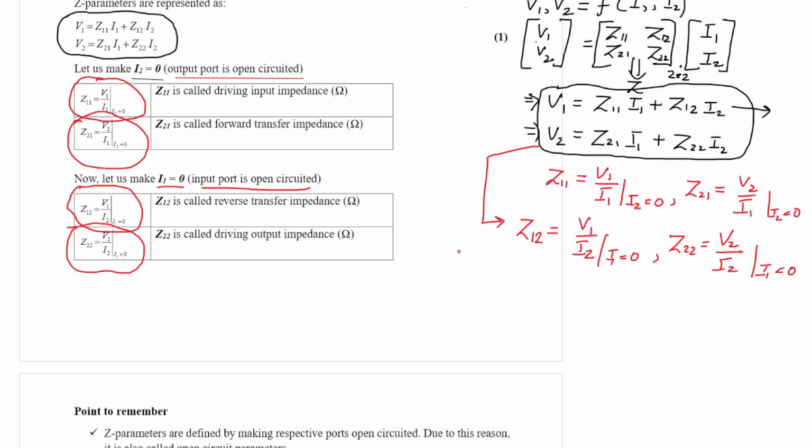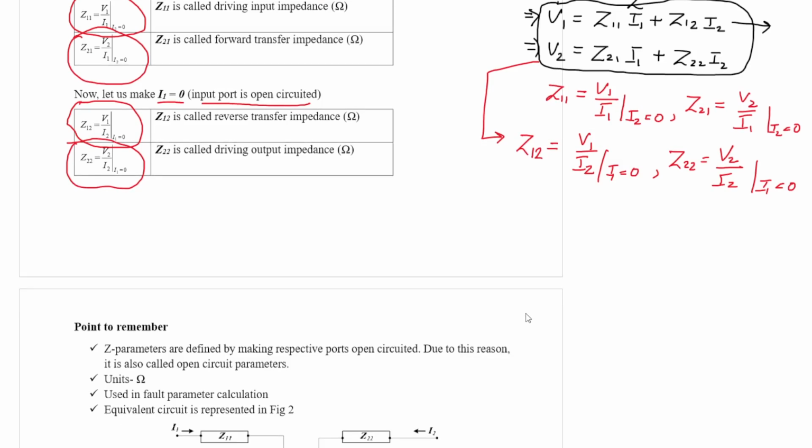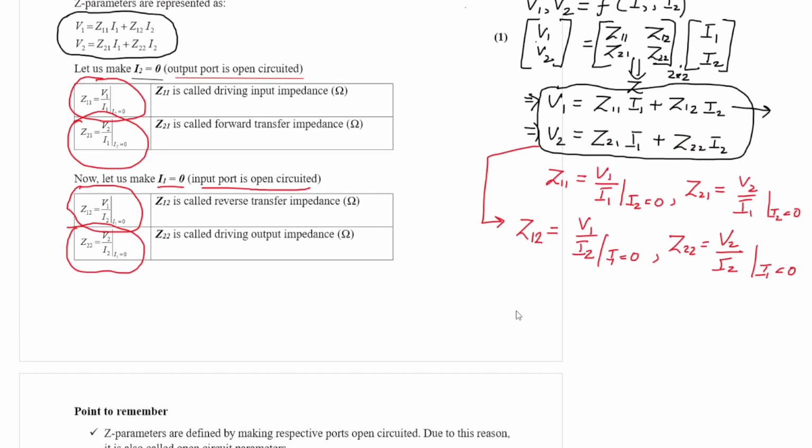Now if you observe closely, dimensionally all the Z parameters have voltage by current, that means all the parameters have the unit of ohm. This is the unit of all Z parameters. Another interesting observation: we are defining them either by making I1 equal to 0 or I2 equal to 0.